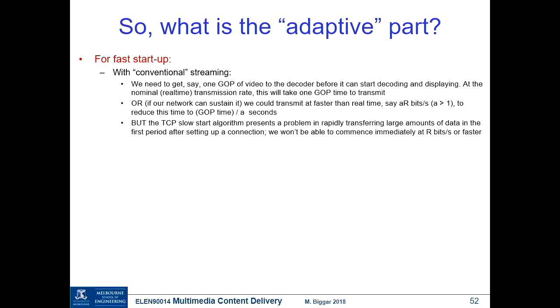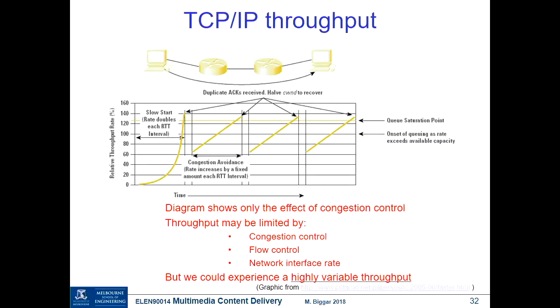But the problem we have with sending data early is the TCP slow start algorithm. I don't know how familiar you are with it. I've referred to it earlier. Remember I mentioned that at the very start of a TCP connection, and that's what we have when we first connect to a Netflix server, we've got to set up a new TCP connection. The TCP slow start algorithm ramps up its throughput.